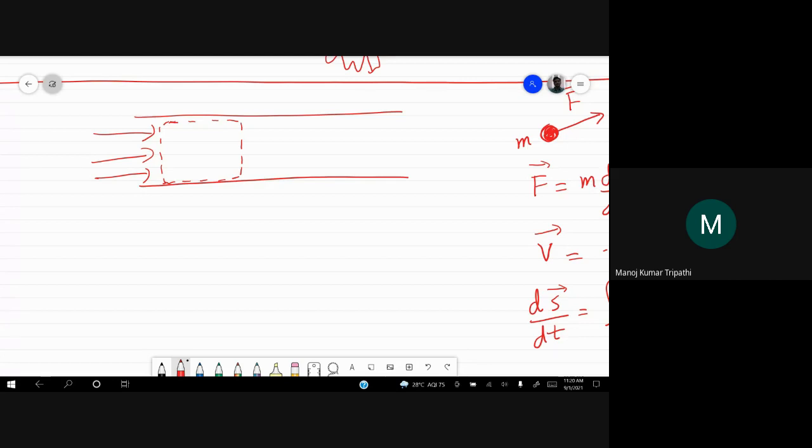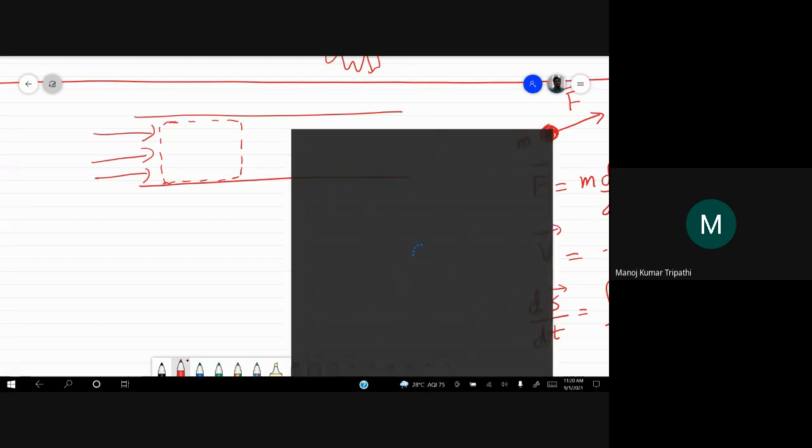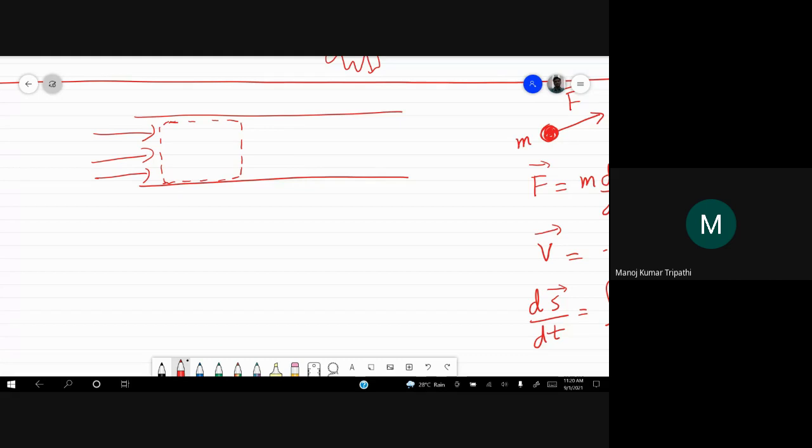Why? Because we saw that there is no slip condition on the walls of a solid. The velocity profile, we discussed that it looks like this. Okay. At the center of the pipe, velocity is maximum.